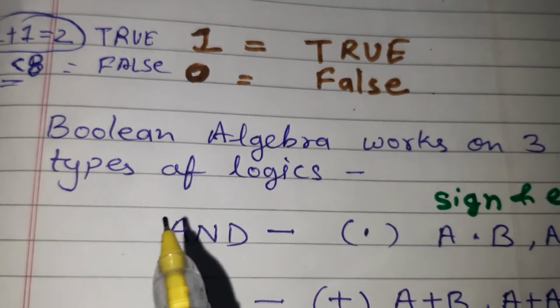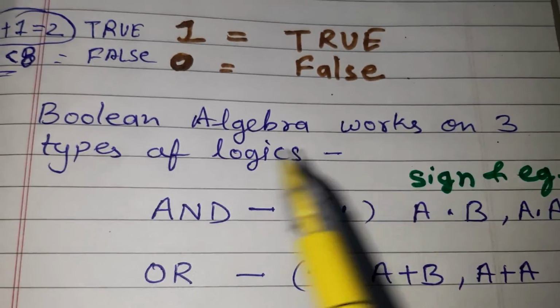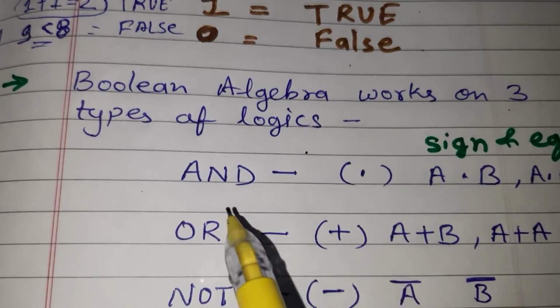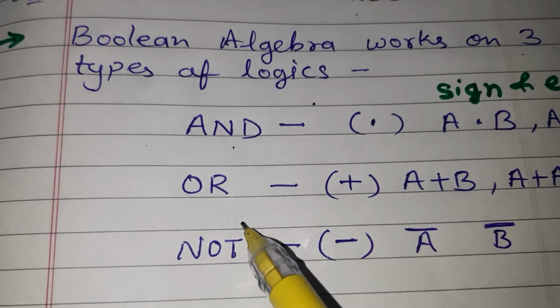Third, Boolean algebra works on three types of logic: AND, OR and NOT.